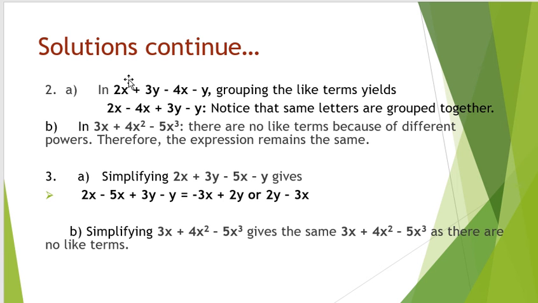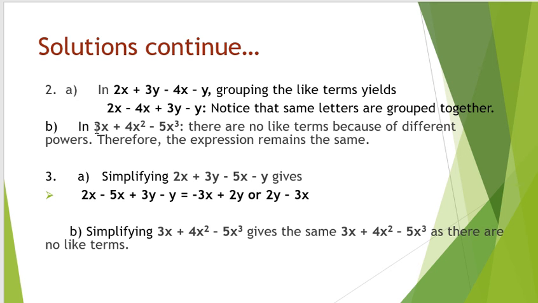We bring this 2x and this negative 4x together. And also we have y here and y there, so these are also like terms. So this positive 3y and negative y, we put them together. In this case we will have grouped the terms accordingly.